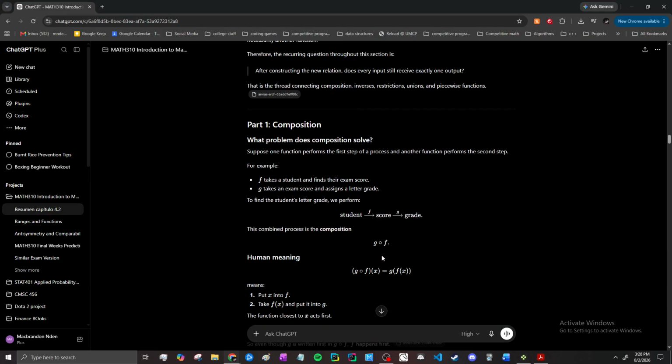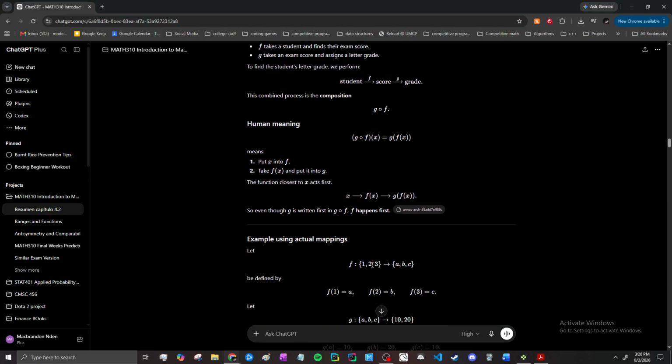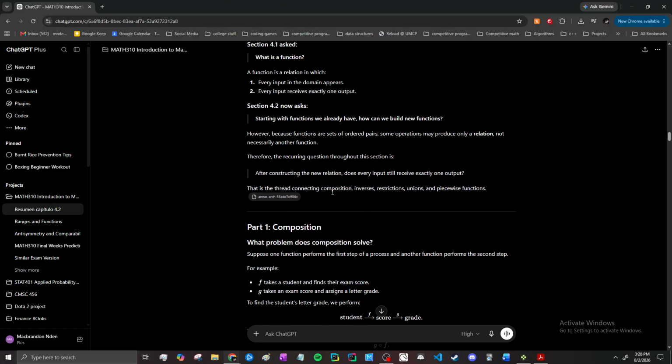So the composition tells the definition, what it is. The question is, what problems does composition solve?